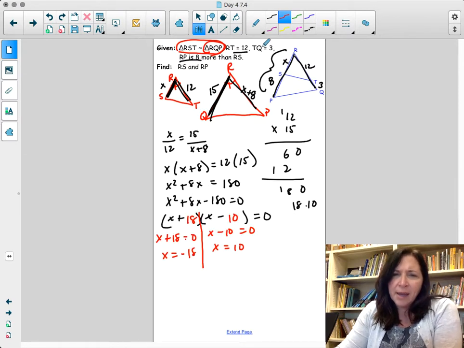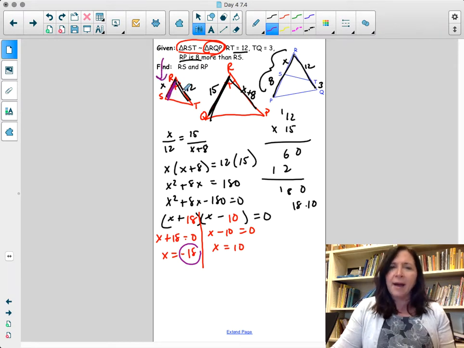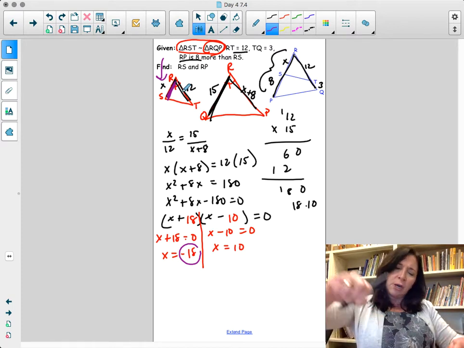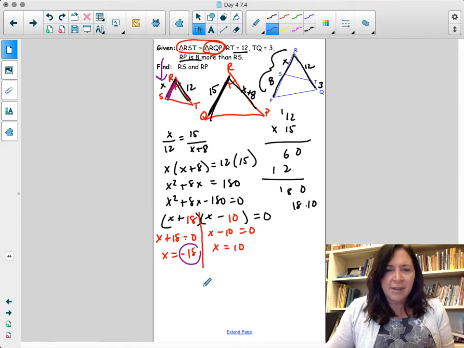So if I go back and I look at my answers, this is important. Please look at this, negative 18. Can x possibly be a negative length? Can you measure and go, that's negative 18 feet? No, you cannot have a negative length. This is the side of a triangle.